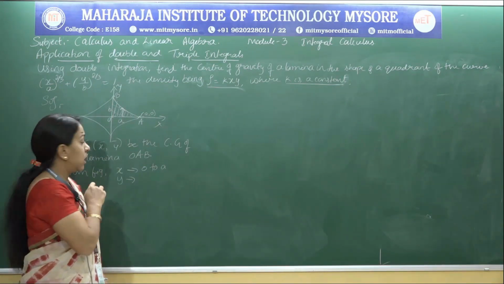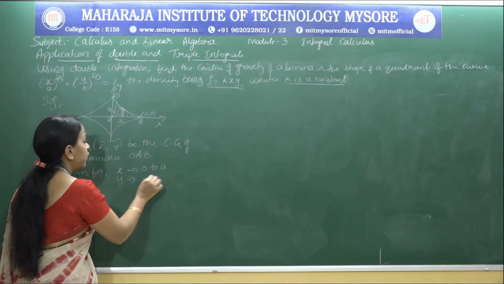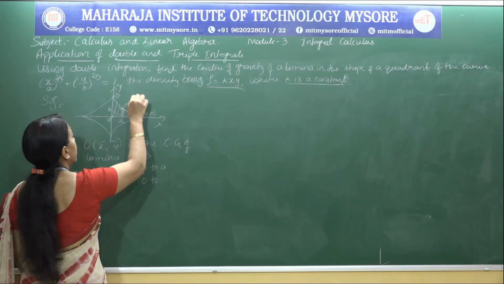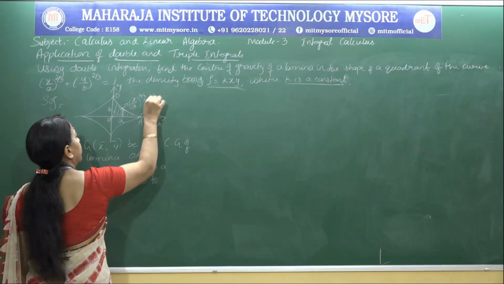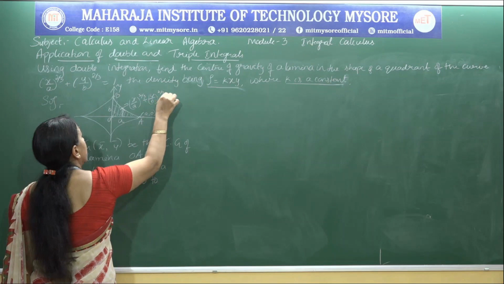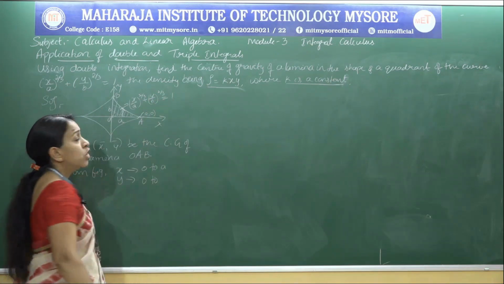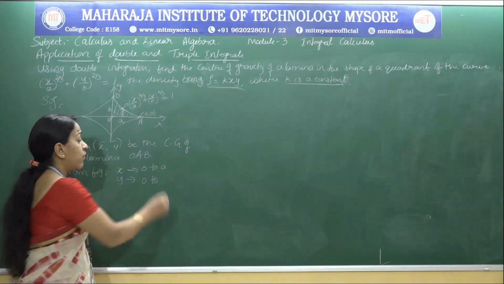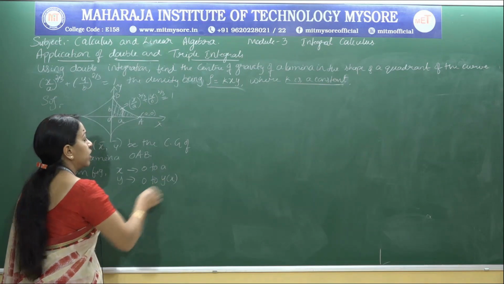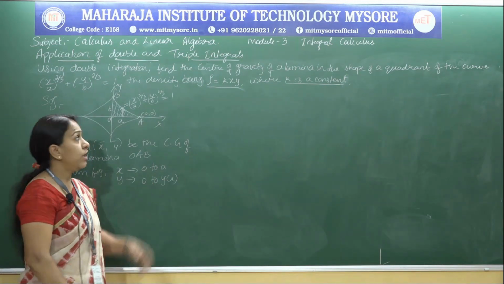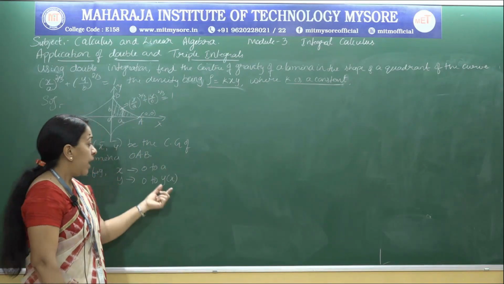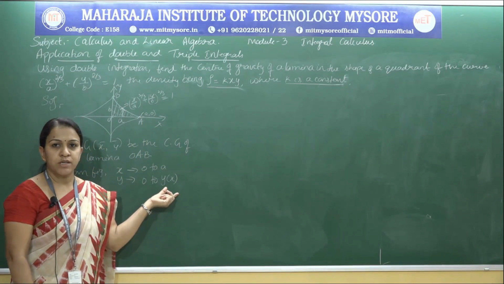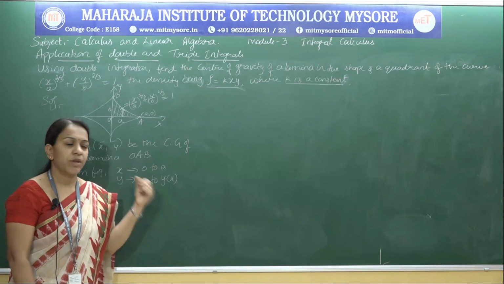So y varies from 0 to this curve, the curve is (x by a) whole power 2 by 3 plus (y by b) whole power 2 by 3 equal to 1. So if I simplify, I will get the function of x. So I call it y of x. Instead of writing it as some number, 1 minus (x by a) whole power 2 by 3 and so on, I consider it as a function of x. It is nothing but y of x, right?